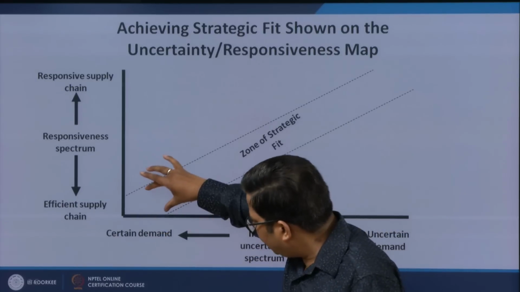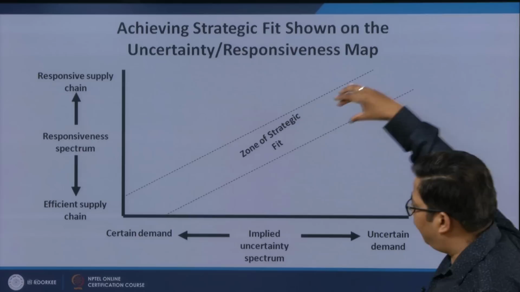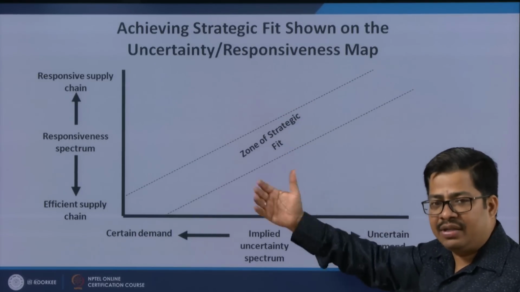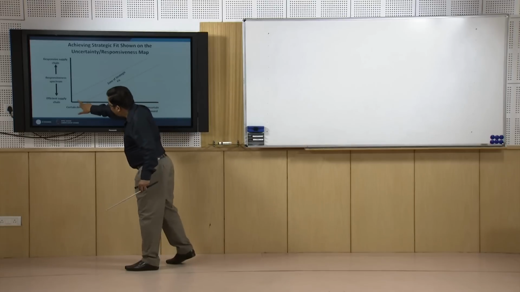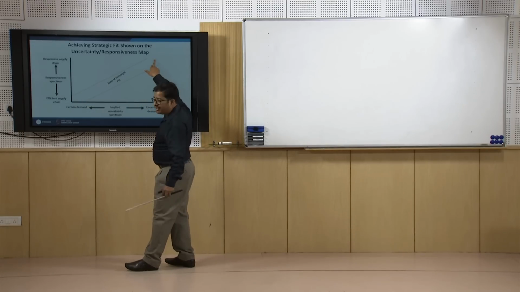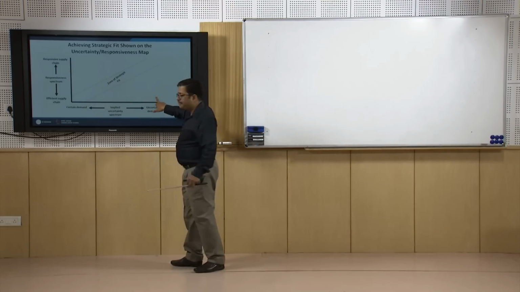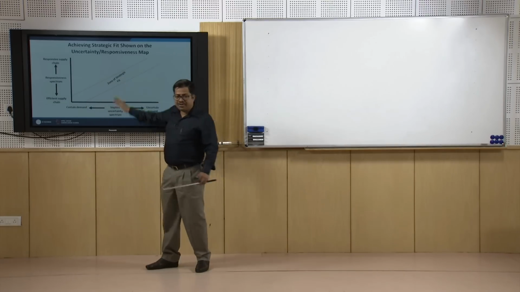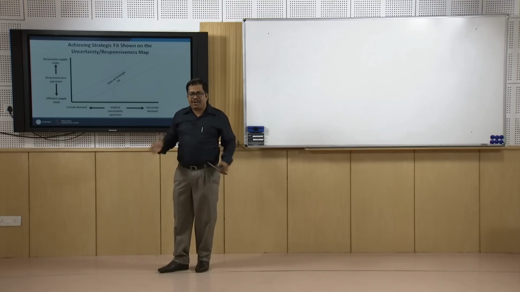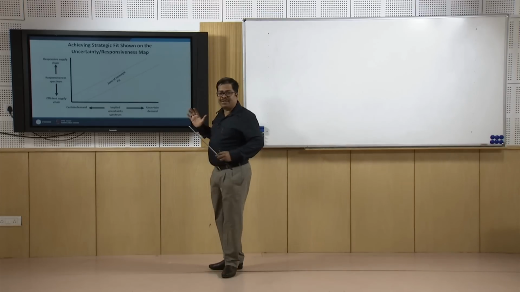So, whether you are located here or here, it is the zone of strategic fit, and therefore this is also a suitable position for the supply chain strategy, and this is also a suitable position. But if you are located somewhere here or anywhere outside this zone, probably your supply chain is not going to give you the kind of advantage which you are expecting from your supply chain.